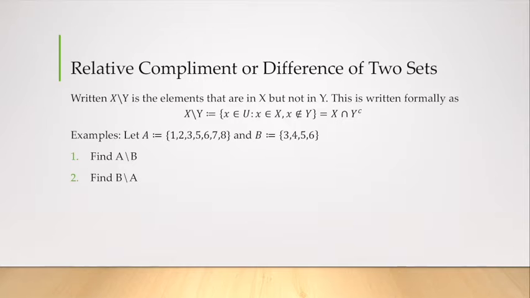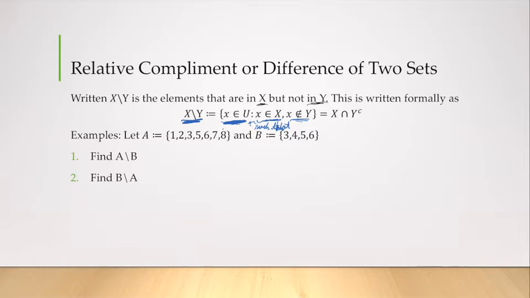X/Y is all the elements in X that are not in Y. We write this as: the difference of X and Y is all x in our universal set such that, that's what those double dots mean, by the way, x is an element of X, but x isn't in Y. You could also write this as X intersect Y complement.